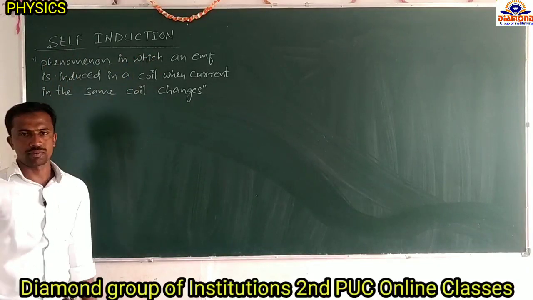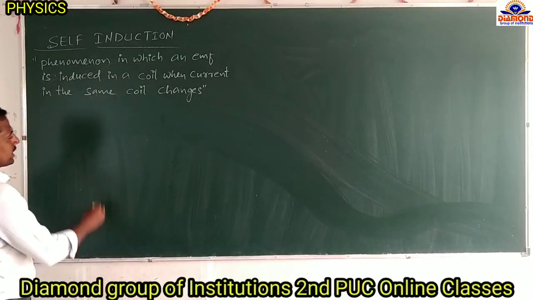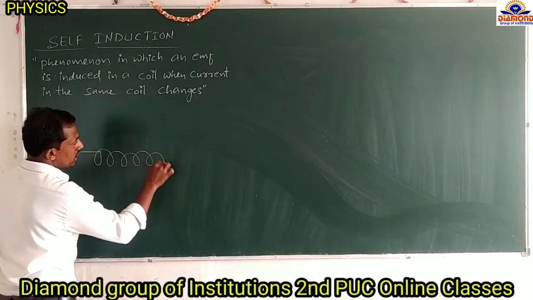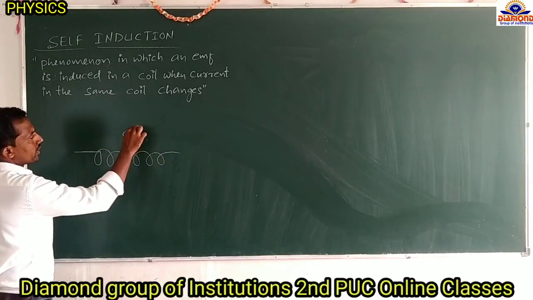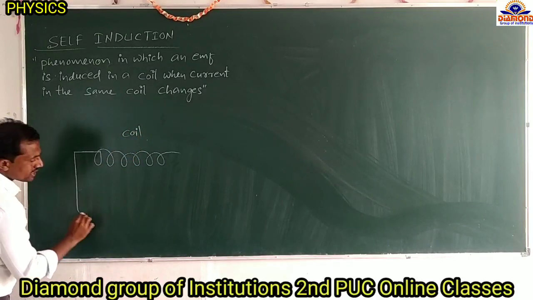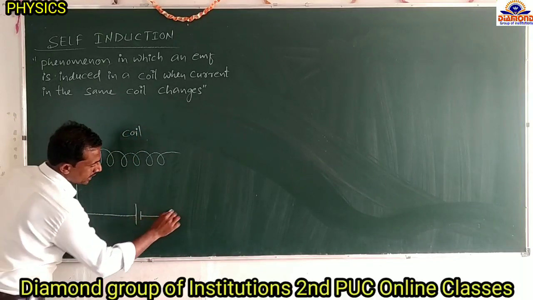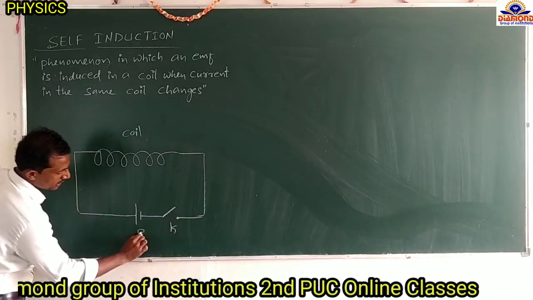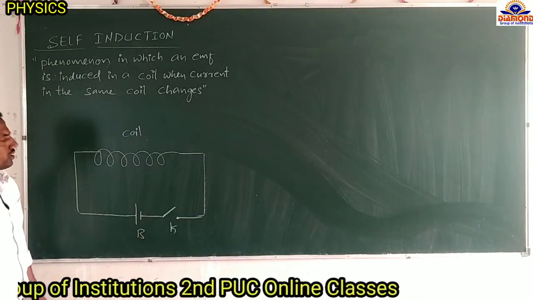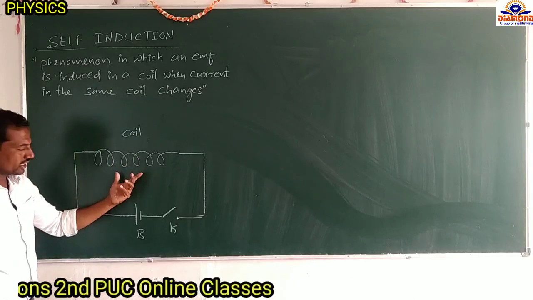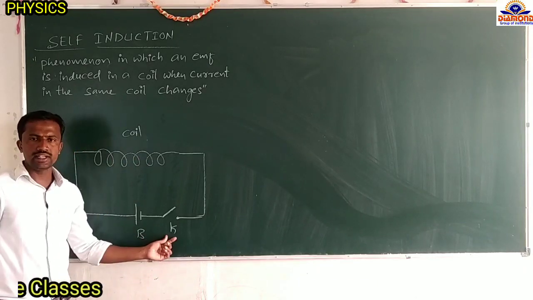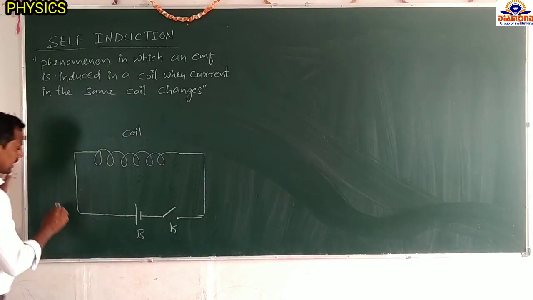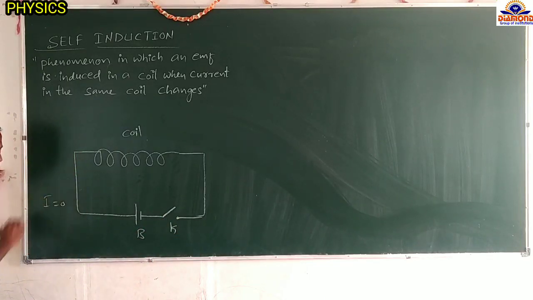Self-induction. Next topic. Okay, in this case we are taking one coil. This is a coil, and the coil is connected to a battery and key. When the key is open, the current in the circuit is 0.